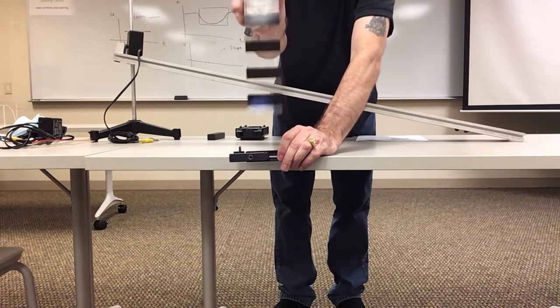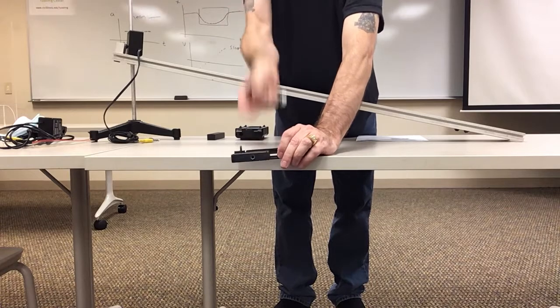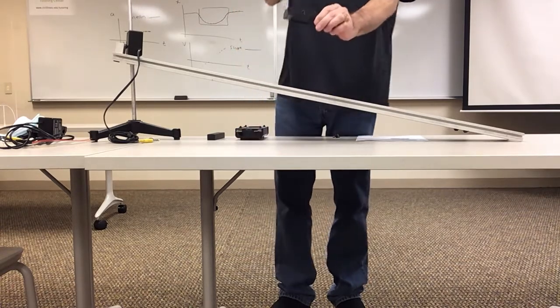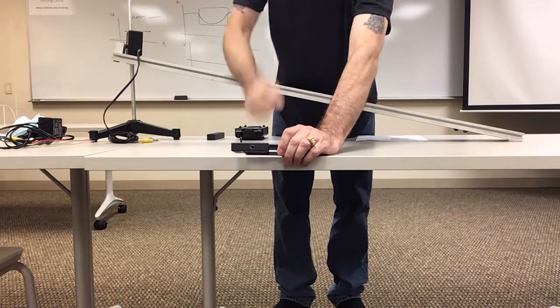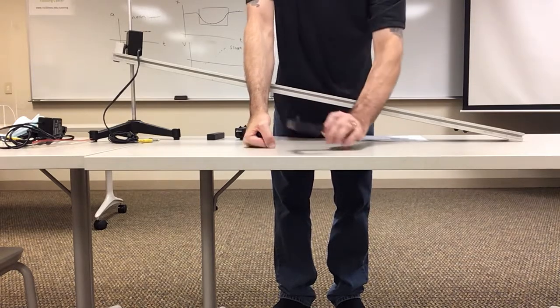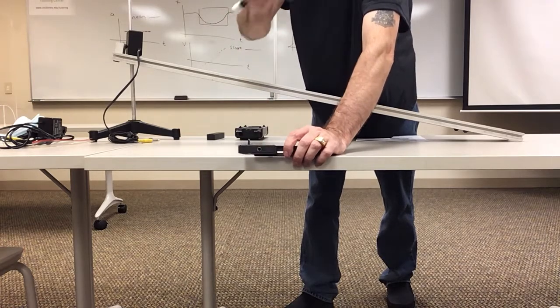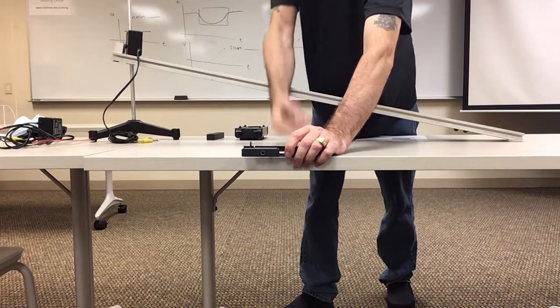So we would drop it, and every time a stripe passes through, it's going to measure the velocity, and as the beam blocker is accelerating, the velocity should be increasing. We're going to do two trials for that. One like I just did, where I held it right above and dropped it. And then another one where we drop it higher up and let it fall through.